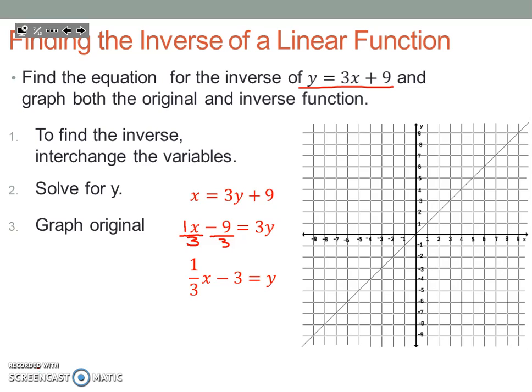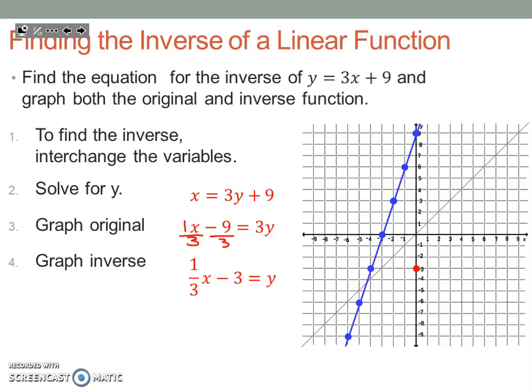If you guys graph this, I would start out with a positive 9, and then I've got a slope of 3, so I could go down 3 to the left 1. I don't really have the option to go up. And I can continue on that path, down 3 to the left 1. And this right here, in blue, is my original function. Now I'm going to graph my inverse that I just found. I'm going to plot my y-intercept at negative 3, and then its slope is 1/3.